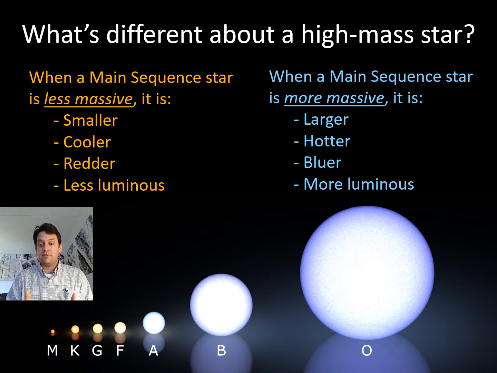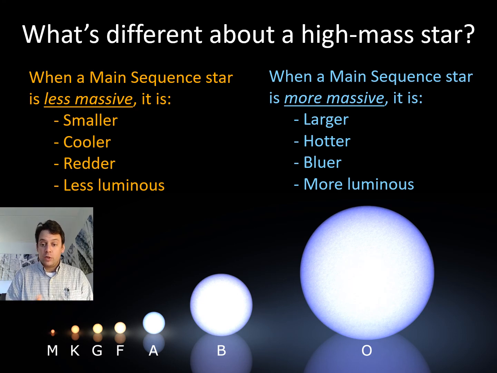Because there's less stuff there. It's going to be cooler because the heat that turns a protostar into a star comes from the gravitational potential energy being converted into thermal energy. Well, if you have less mass, you have fewer atoms, then you have fewer collisions and less gravitational potential energy. And so the star is cooler.